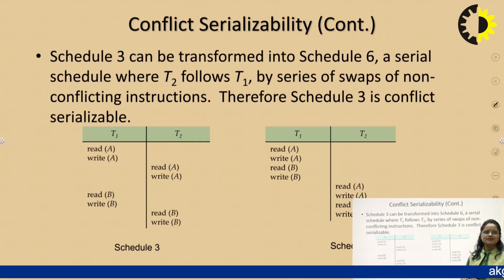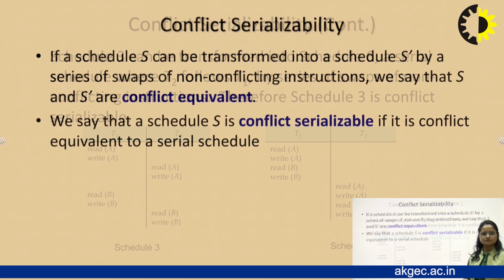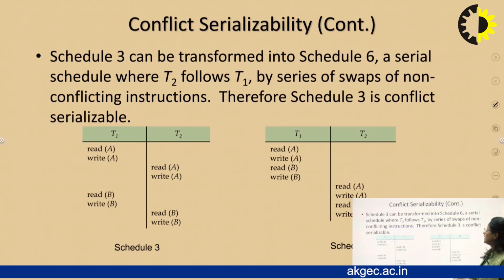With this example, we can see conflict serializability. Here we can see schedule 3 can be transformed into schedule 6, a serial schedule where T2 follows T1, by a series of swaps of non-conflicting instructions. Therefore, we can say schedule 3 is conflict serializable.